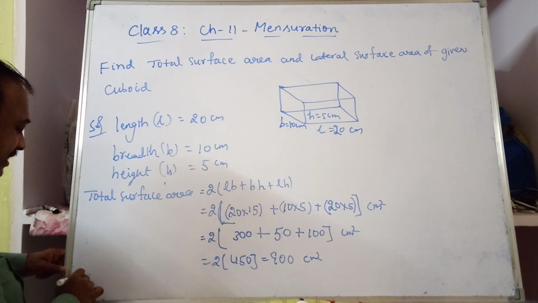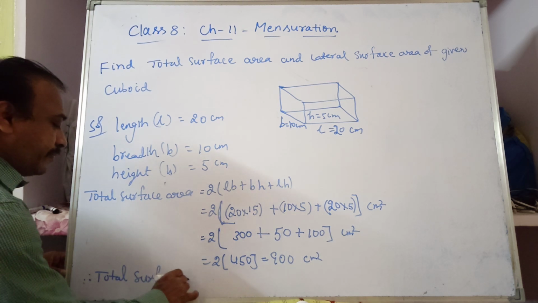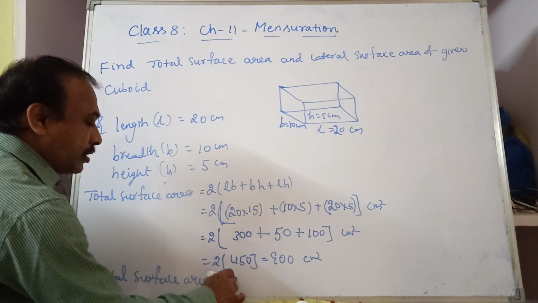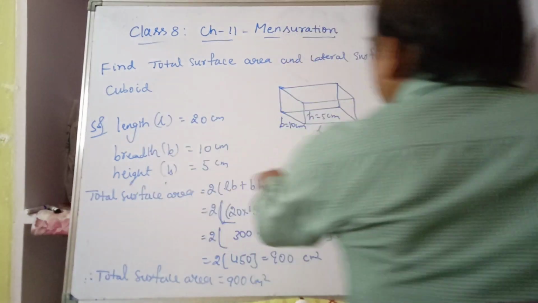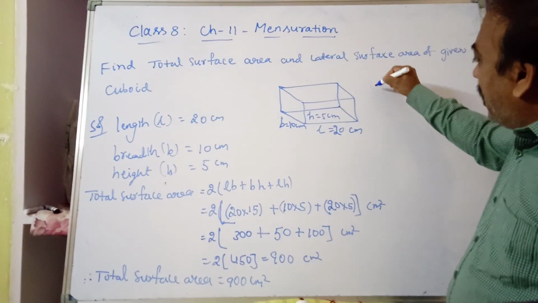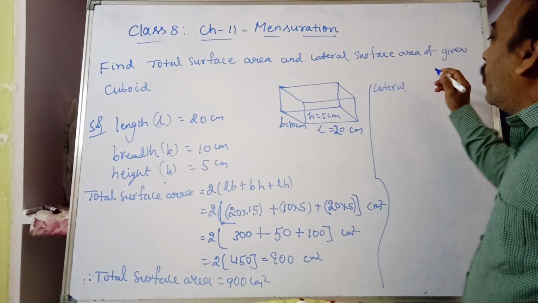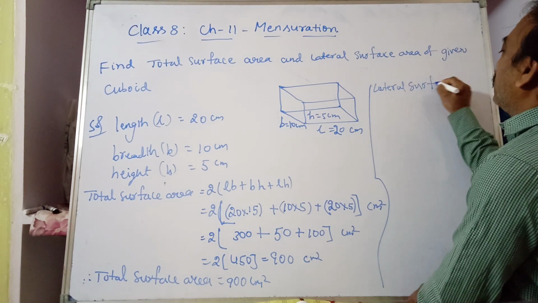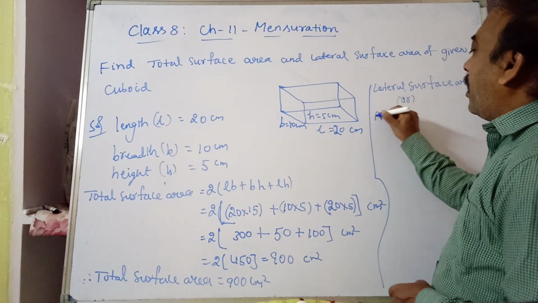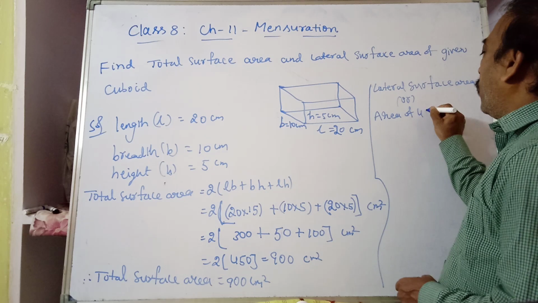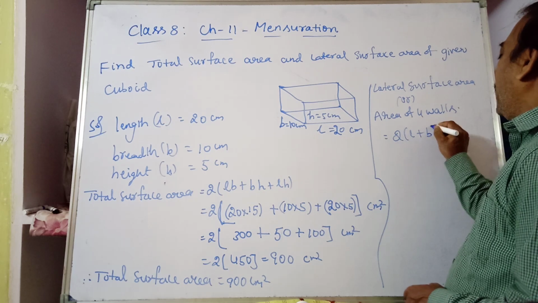Therefore, total surface area is equal to 700 centimeter square. Now we are just substituting length, breadth and height in the formula. Now we see lateral surface area, which is nothing but the area of 4 walls, is equal to 2 into L plus B into H.